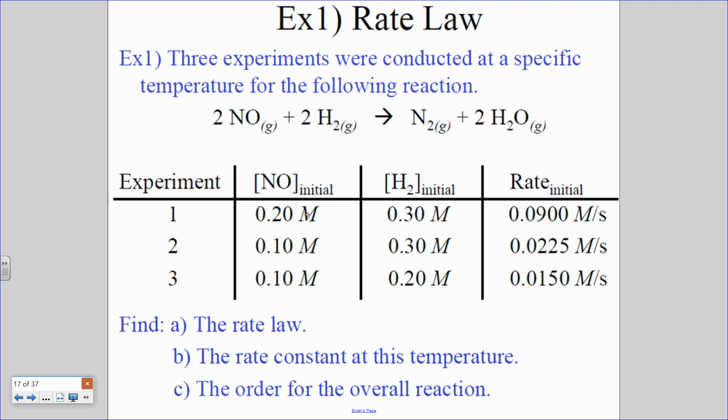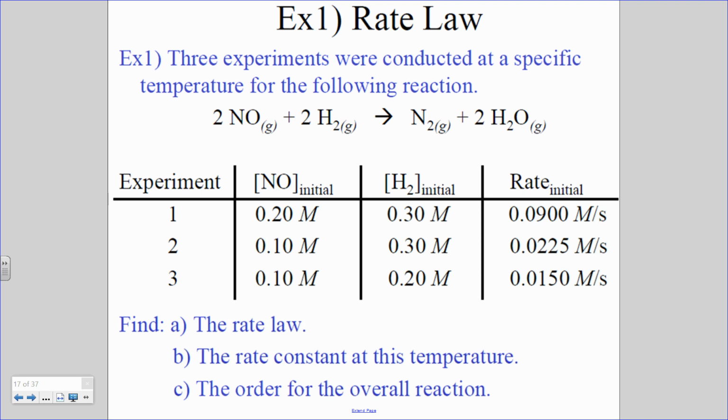If you notice in the first one, we have 2 reactants. We're given a higher concentration in the first experiment, a lower but the same in the next 2. For the hydrogen, we have the same for the first 2 and a lower one for the last one, which is kind of an important way to set it up.